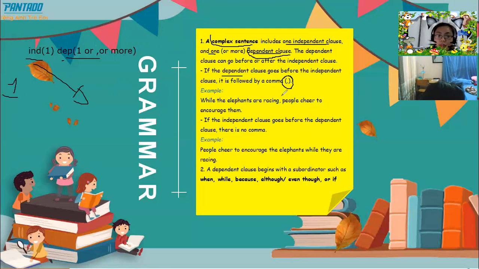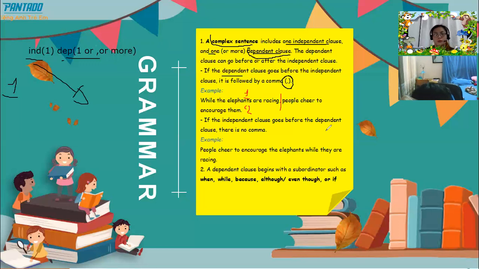Let's say we have two clauses here. While the elephants are racing, so this is clause number one. People cheer to encourage them. This is clause number two. Now, which of these clauses is the dependent clause? Clause number one or clause number two?